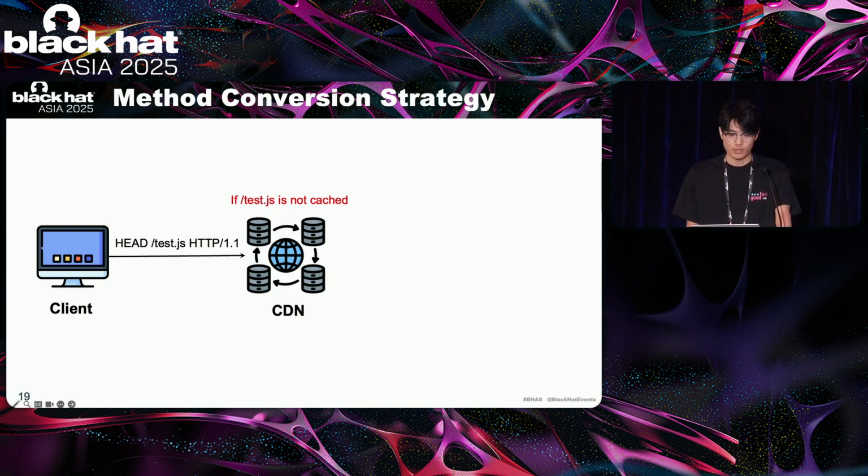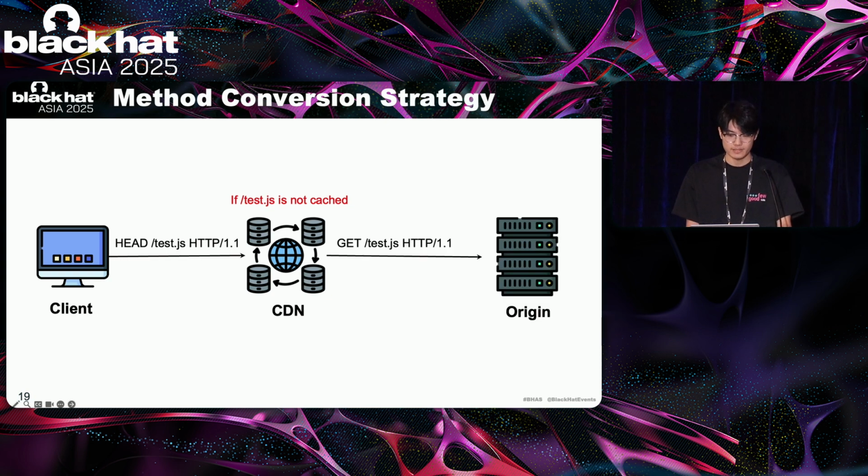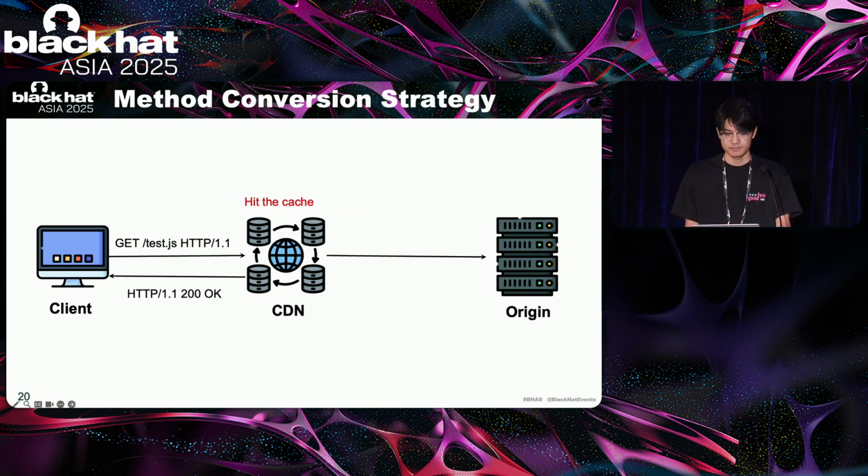So the CDN proactively converts the HEAD request into a GET request, fetches the entire resource from the origin, and then only returns the headers to the user. As a result, the next time the user sends a GET request, the content is already cached on the CDN, so it can directly return the content from the CDN cache, leading to a much faster user experience.